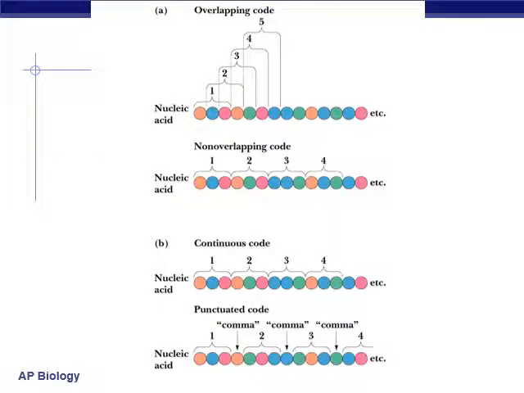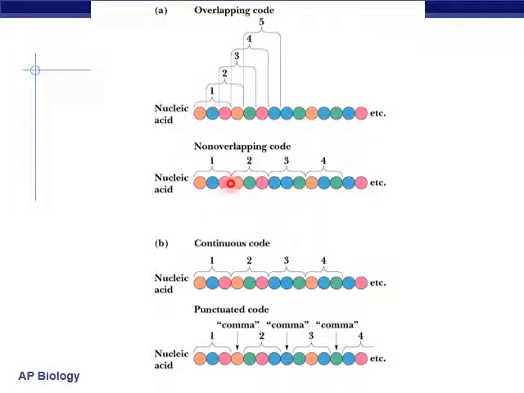The triplet code is characterized by the following. First, it is unambiguous. That means each codon specifies a particular amino acid. For example, the codon ACG codes for the amino acid threonine and only threonine. Second, it is non-overlapping.